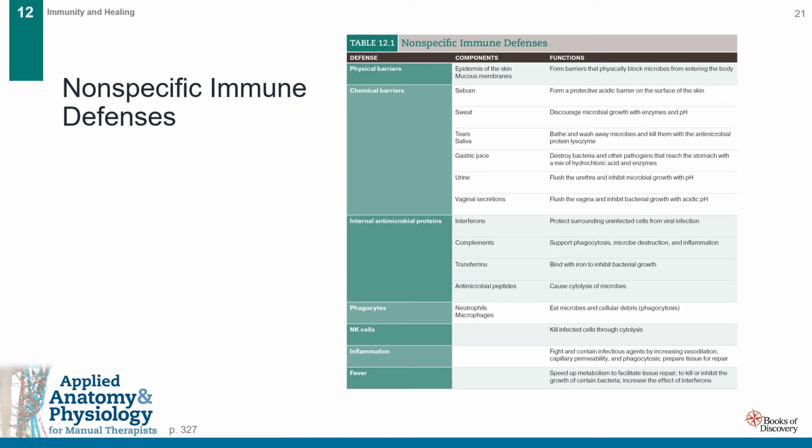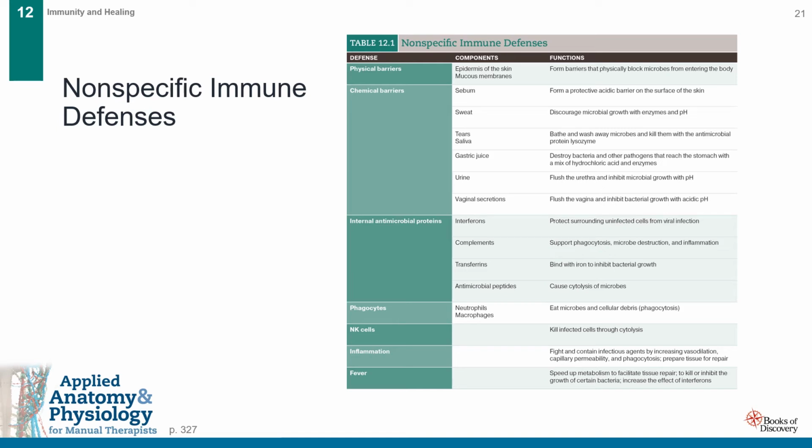The next defense is phagocytes. These consist of neutrophils and macrophages, and they eat microbes and cellular debris, which is referred to as phagocytosis. The next defense is NK cells. These kill infected cells through cytolysis. Inflammation is the next defense.